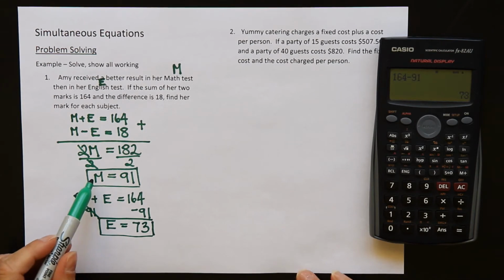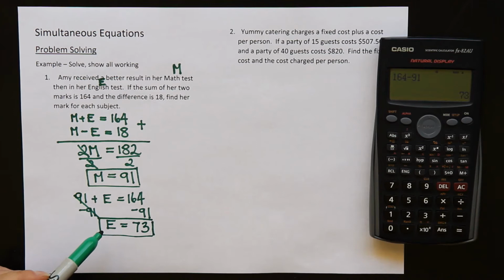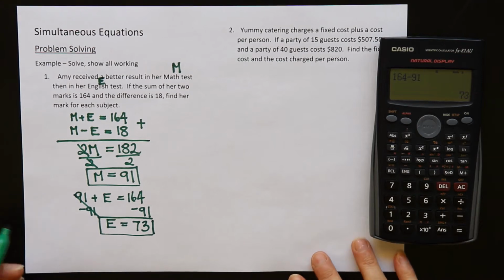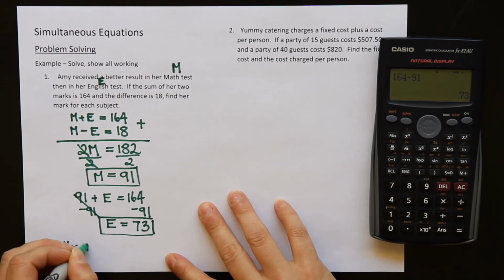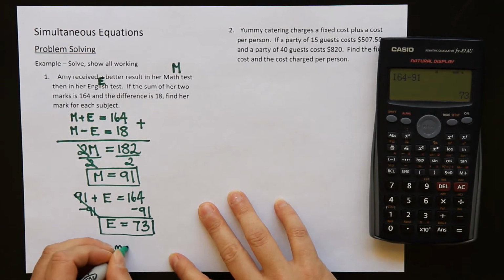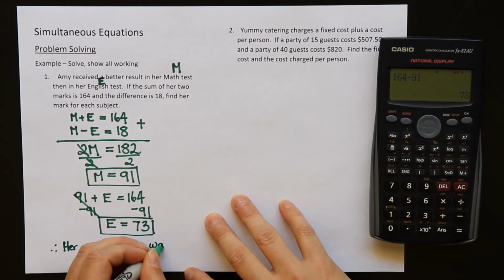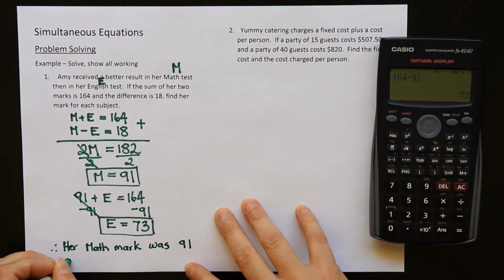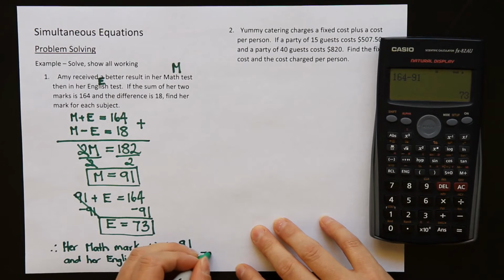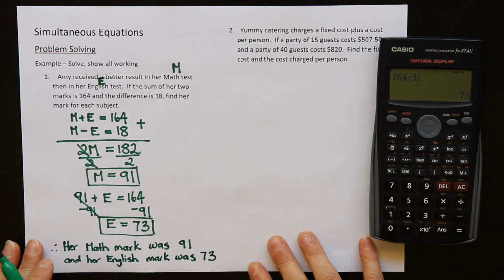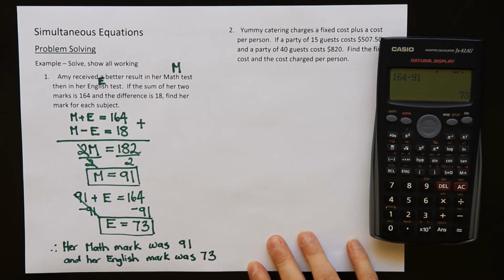The M and the E were symbols that we introduced to represent the maths and the English, which is why it is best if at the end you just say, therefore, her maths mark was 91 and her English mark was 73. That's something to keep in mind. If you have a wordy question, give a wordy answer, please.